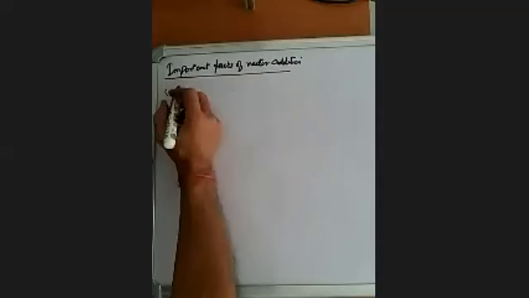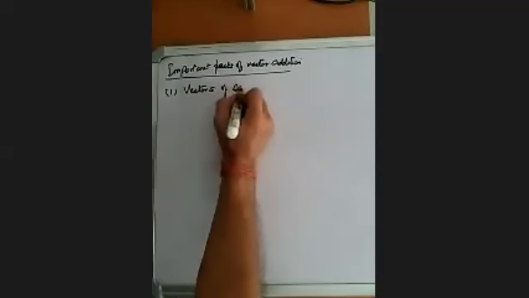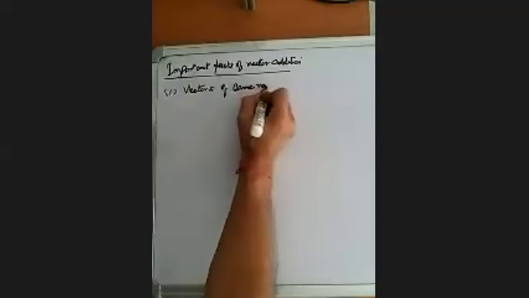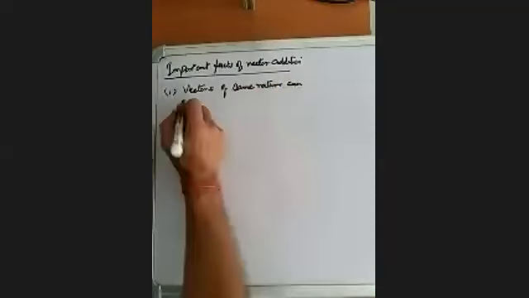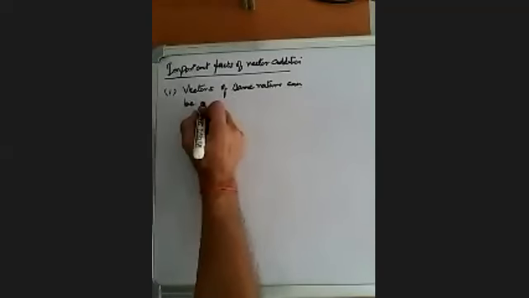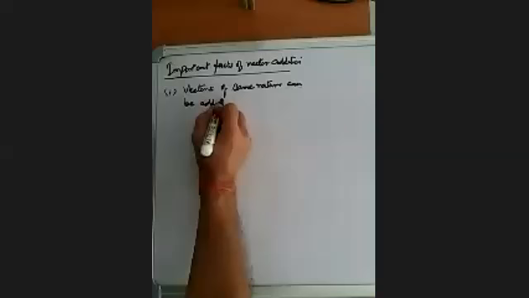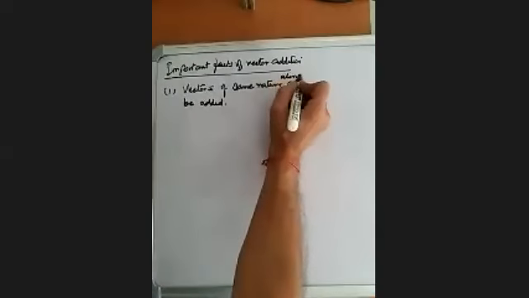Number one, vectors of the same nature can be added. So same nature alone can be added.